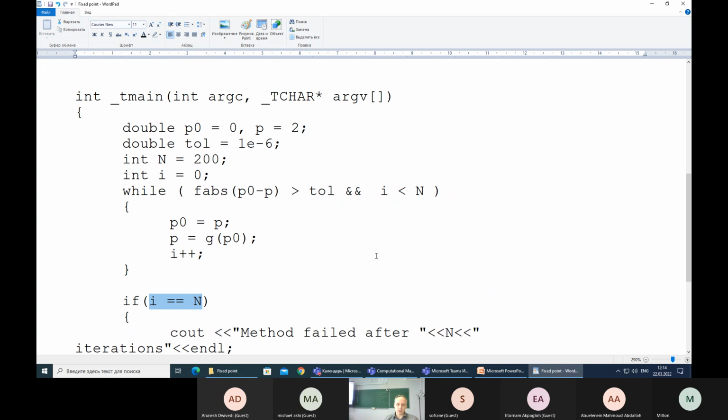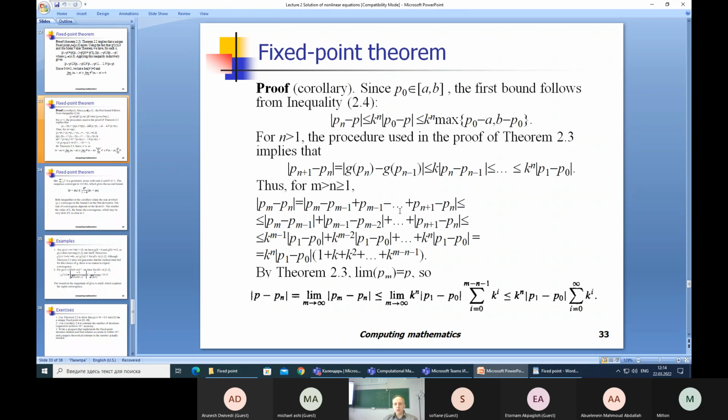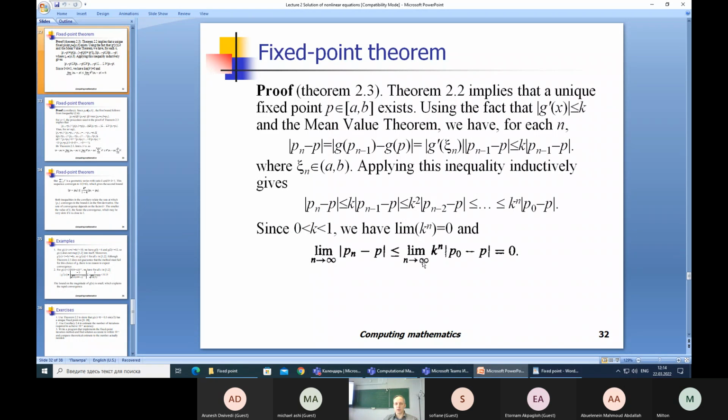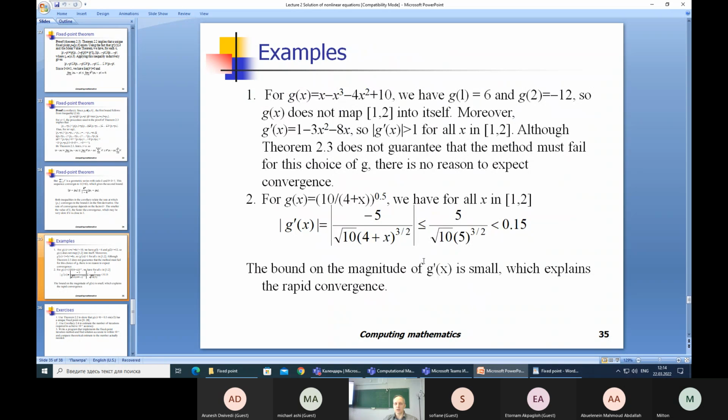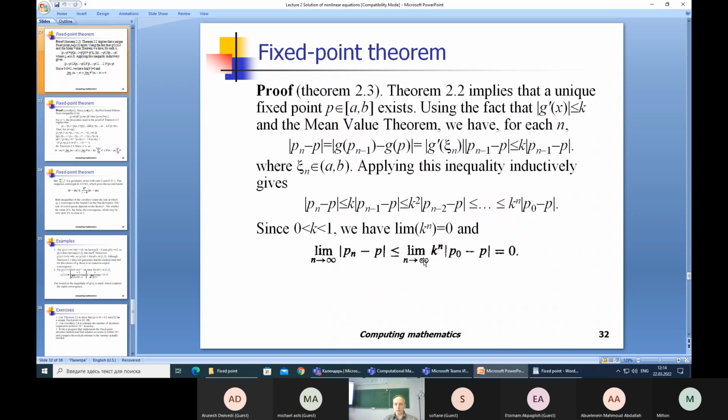Well, here we see the code. The code is very simple, just 3 lines. Okay, some theorems about convergence, I think we can skip. Well, any questions about the fixed point iteration method?